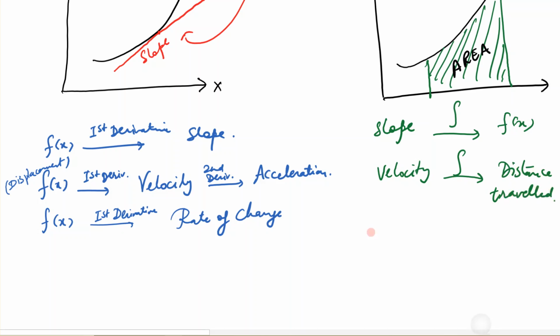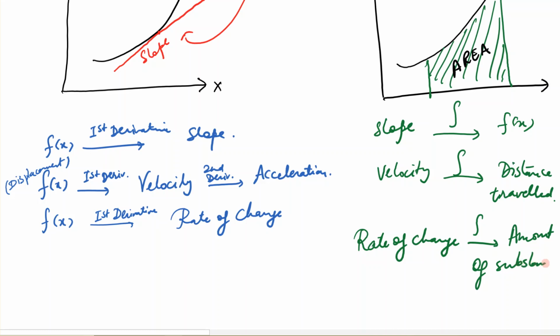And similarly, if you start with the rate of change of a chemical reaction and you take the integral, you get the amount of substance formed. So these are the basic differences between differentiation and integration.